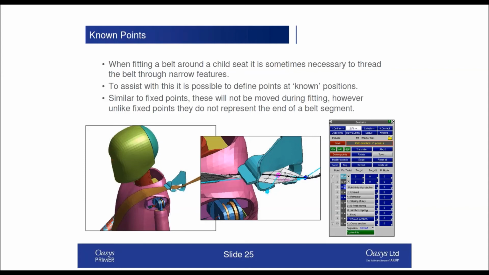We can change a regular point to be a known point in the same way as we would identify a slip ring point or a fixed retractor point, and that's from the path edit menu, and we have a list of path points, and we would right click one of those points, and then it's down at the bottom there, K, known position, and it's shown as pink there. And those are really powerful points in our arsenal for when we're trying to fix these child belts.